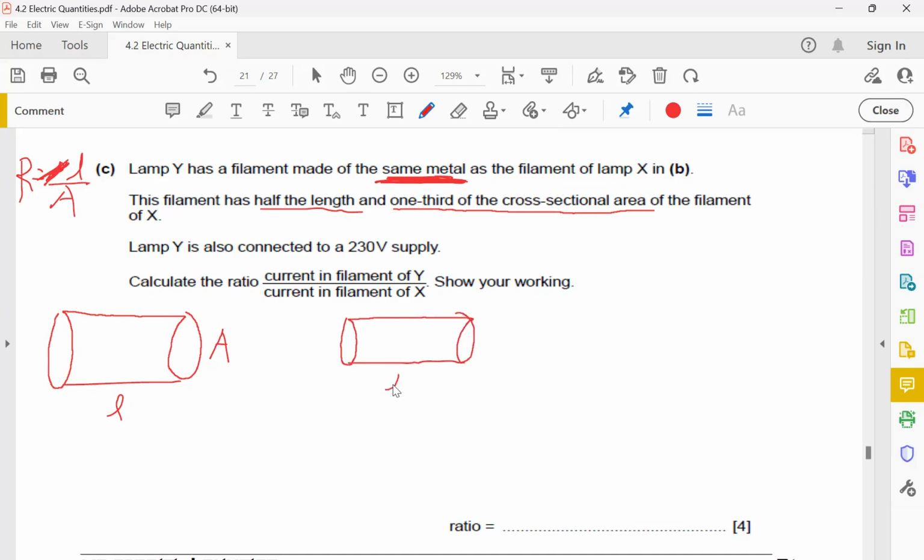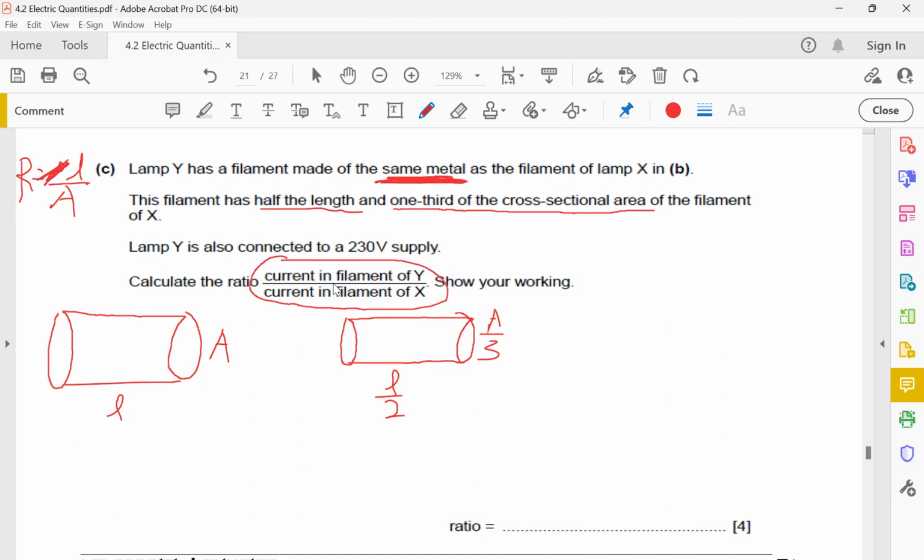So this is half the length and this is only 1/3, so it's like area over 3 only. And then they say that lamp Y is also connected to a 230 volt power supply. They're asking for the current here.